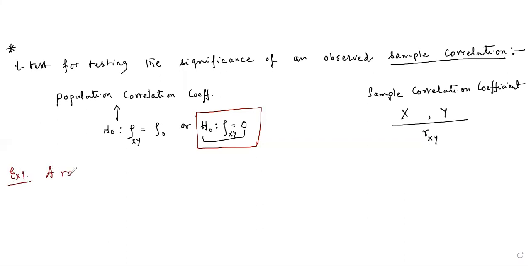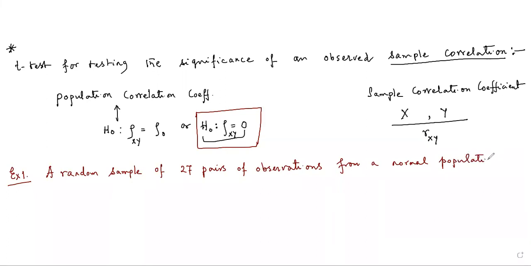A random sample of 27 pairs of observations from a normal population gave a correlation coefficient of 0.6.